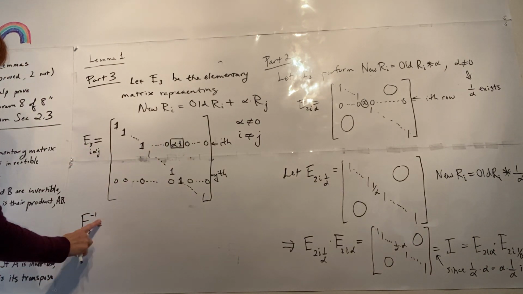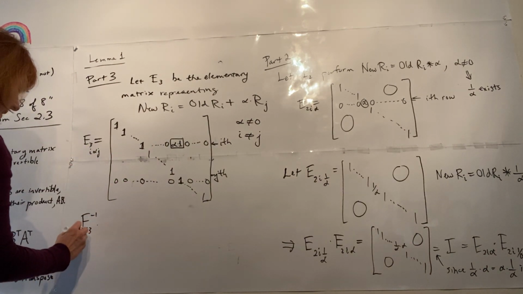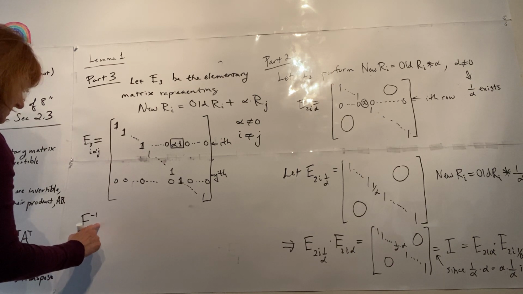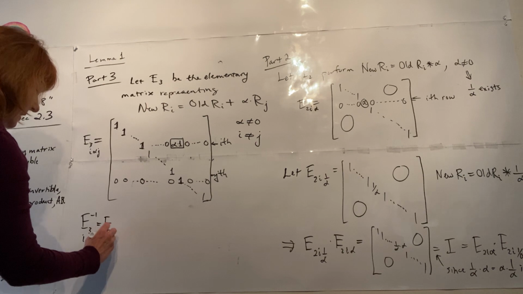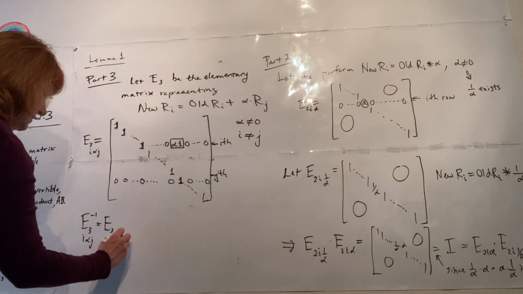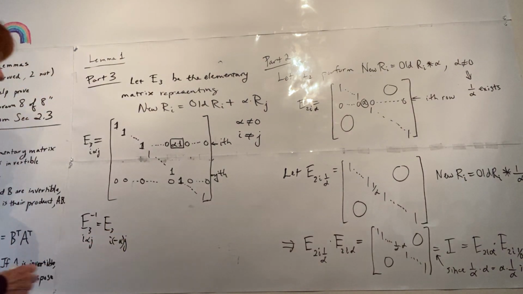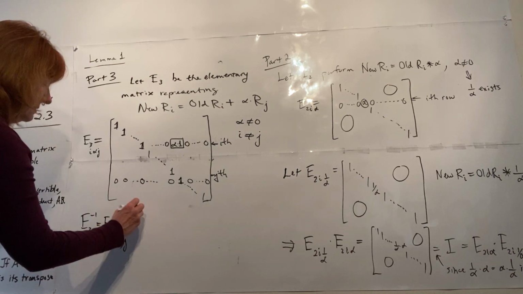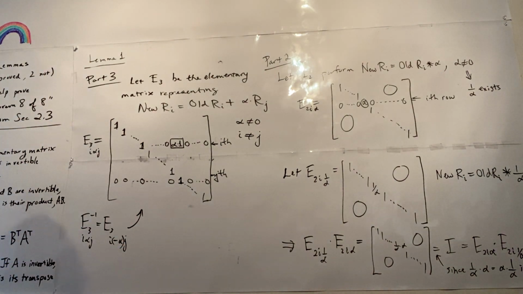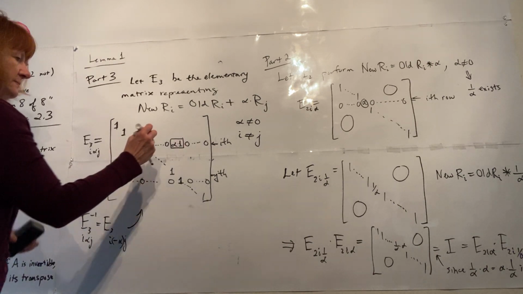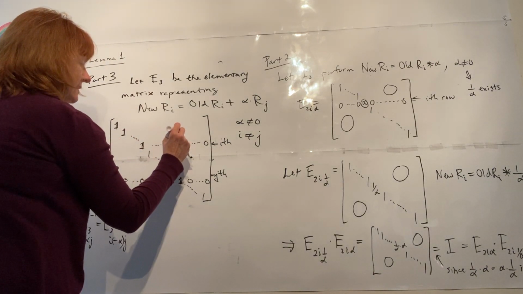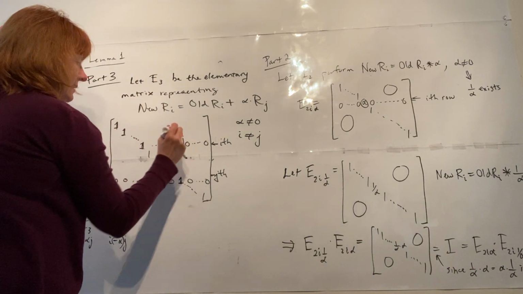So E3 I alpha J inverse is going to be an E3 type matrix with I minus alpha J. So if you will allow me, I'm just going to say that that matrix looks like that one above, but now instead we would have a minus alpha times 1 here.